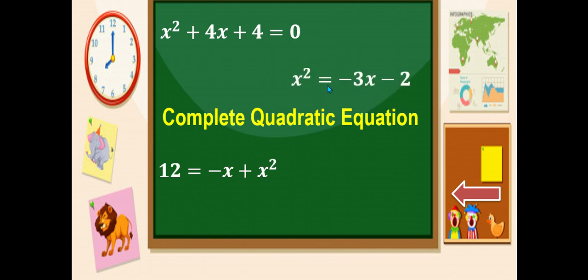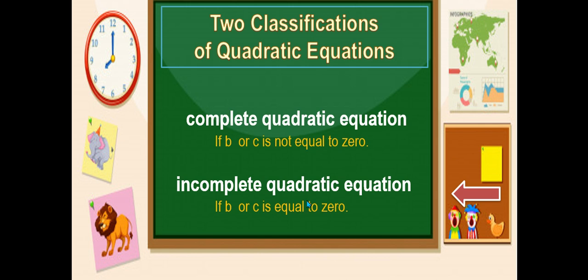Next is x squared equals negative 3x minus 2. And we have 2x squared minus 6x plus 8 equals 0. As you can see here, class, all the components are present. We have the quadratic term, x squared, the linear term, 4x in the first example, and the constant term. That is why it is called a complete quadratic equation.